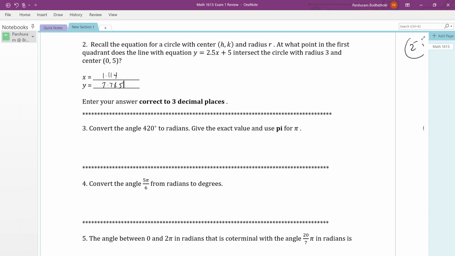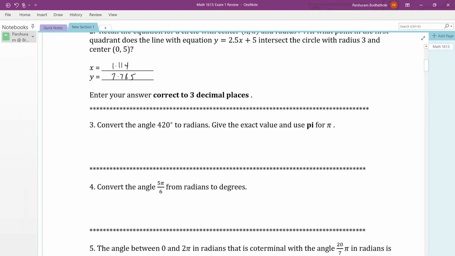So whenever you try to convert degree into radian, you have to multiply 420, that degree, by pi over 180. So we can change this degree to radian by multiplying this angle by pi over 180.